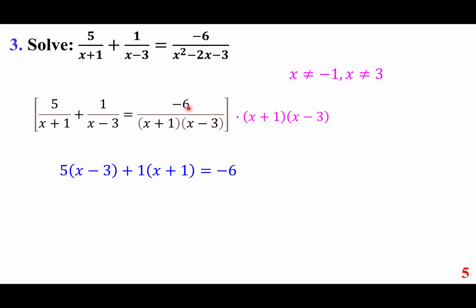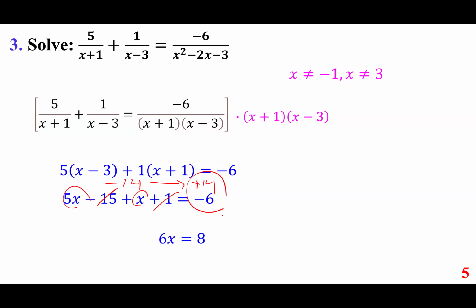So 5x minus 15 plus x plus 1 equals -6. This one and this one, they add up to 6x. Minus 14 moves, becomes plus 14, they add up to 8. 8 over 6, or 4/3, is the final answer.